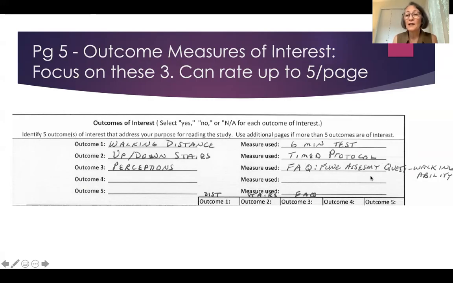And the perceptions was the functional assessment questionnaire, or the FAQ. And so each one of these is assigned to each of the outcomes. So outcome 1 on walking distance is going to be assessed in column 1. Up and down the stairs will be assessed in column 2. And the FAQ will be assessed in column 3.